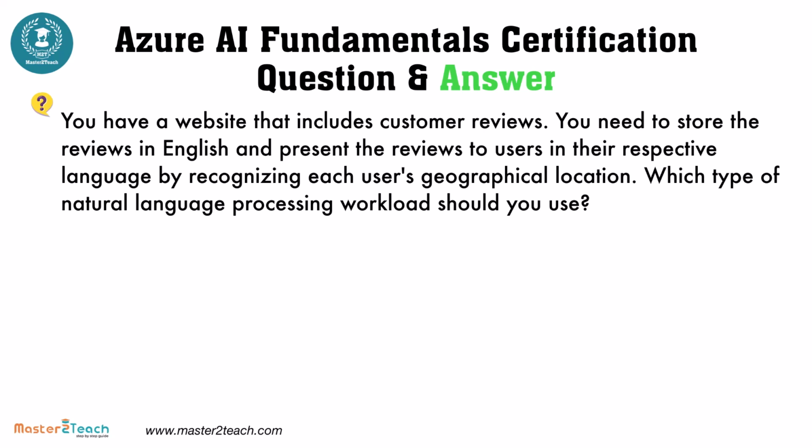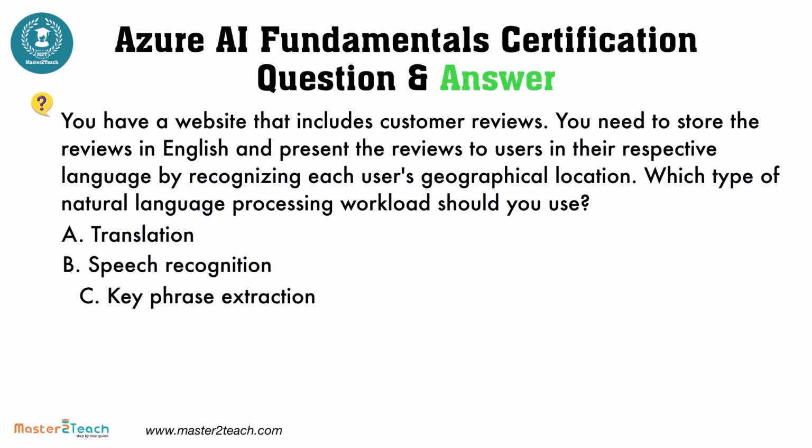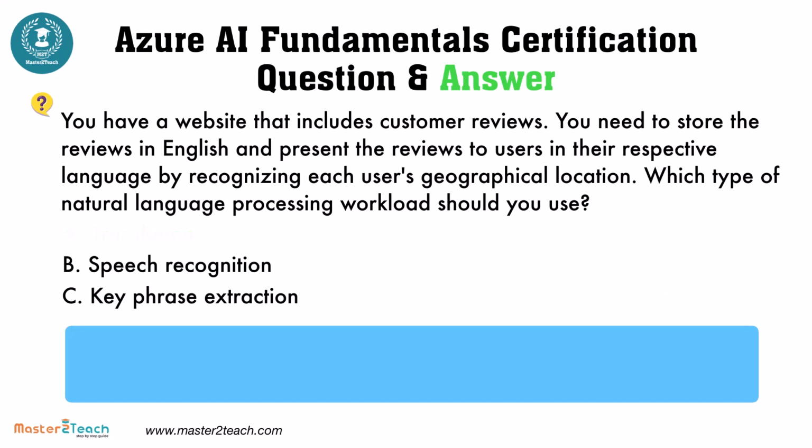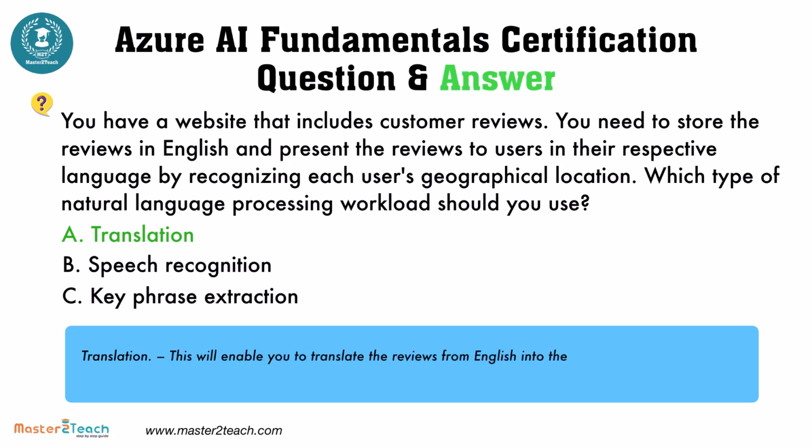The options are A. Translation, B. Speech recognition, C. Key phrase extraction. The correct answer is translation. This will enable you to translate the reviews from English into the user's preferred language based on their geographical location.